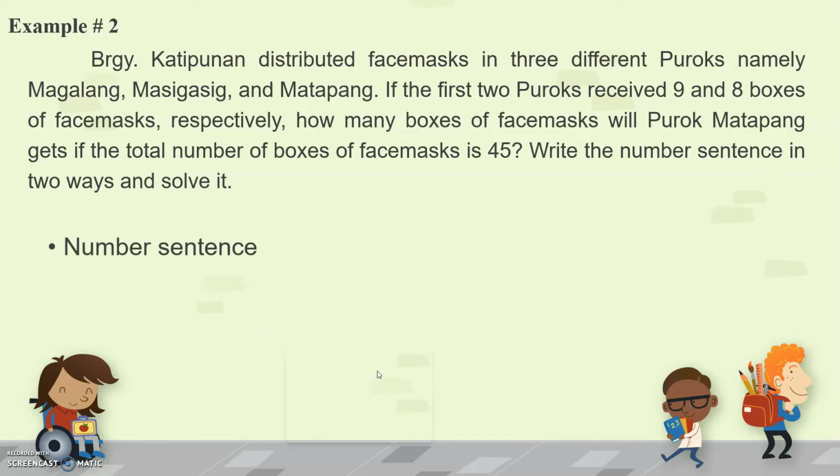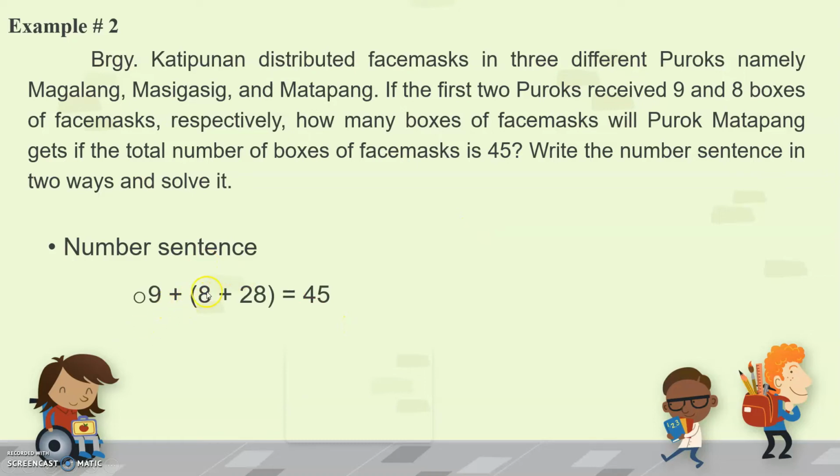Number sentence. So, ito na yon yung sabi dyan, write the number sentence in 2 ways and solve it. So, sabi dyan, since kay Purok Magalang ay 9 at kay Purok Masigasig ay 8, ilan ang nakuha ni Purok Matapang kung merong 45 lahat? Okay, so first number sentence is this one.